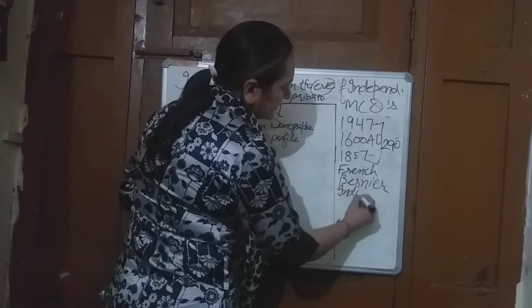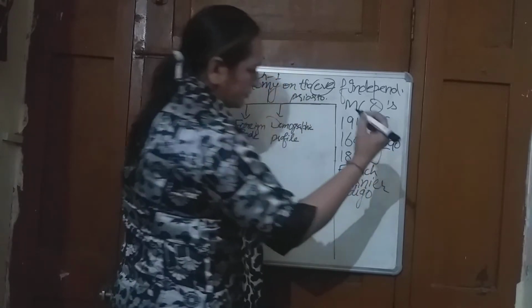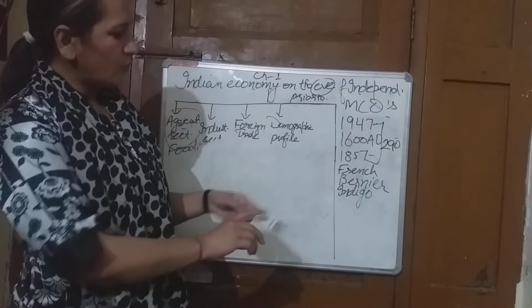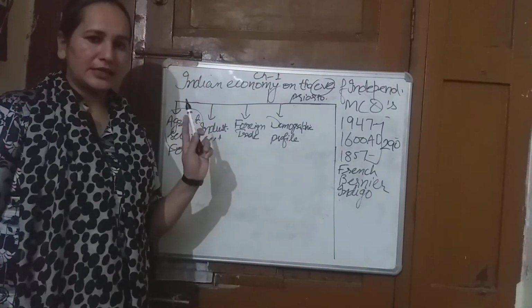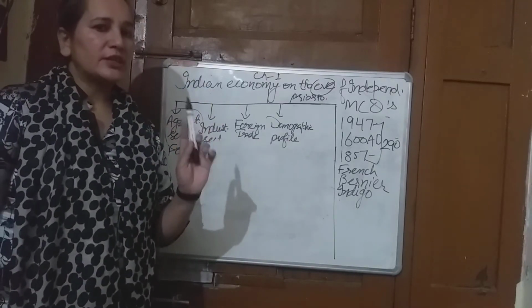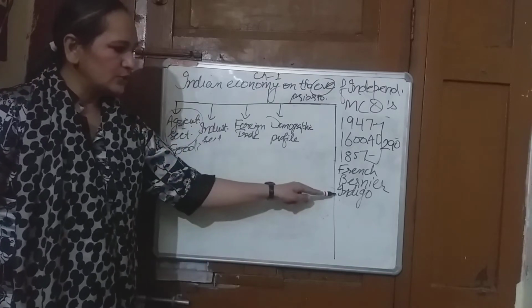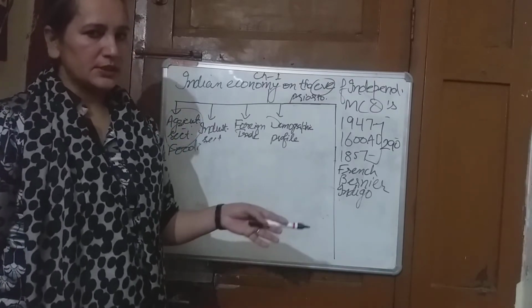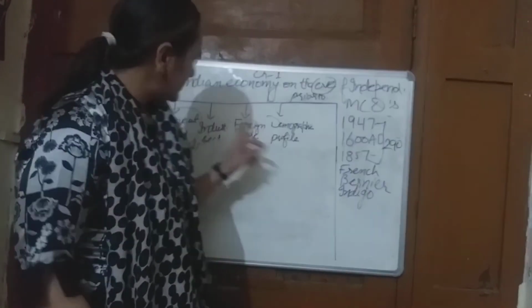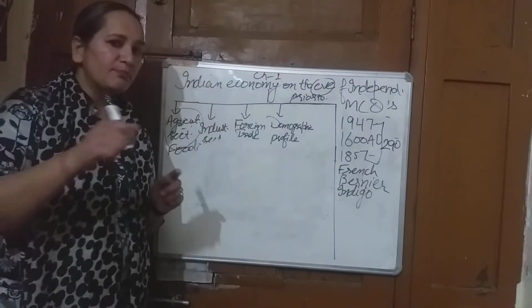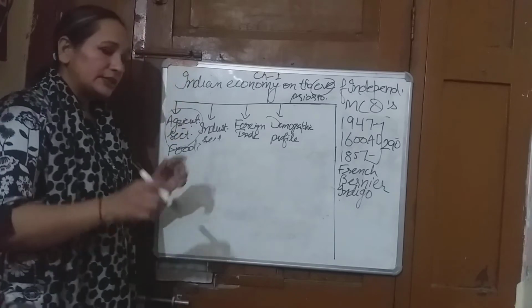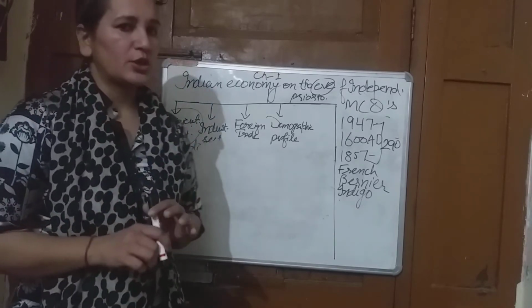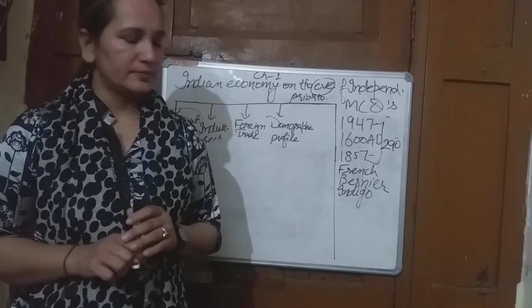Britishers compelled Indians to grow indigo because indigo was required in England, because in England there was an industrial revolution, and indigo was used for dyeing purposes, so it was required in England. So they compelled the Indian farmers to grow indigo. At the same time, there was a shortage of food crops in the country.